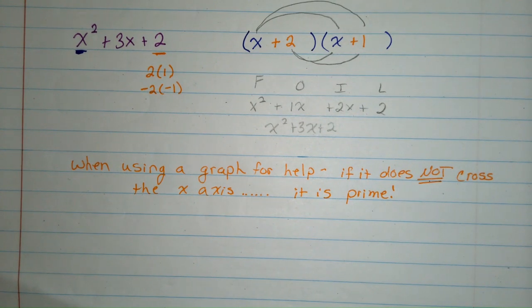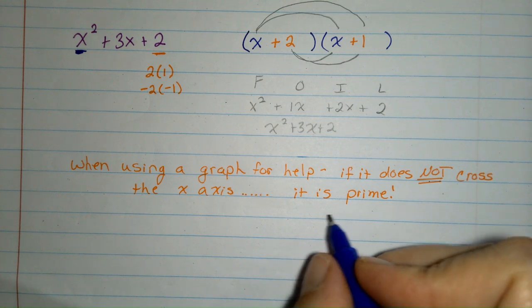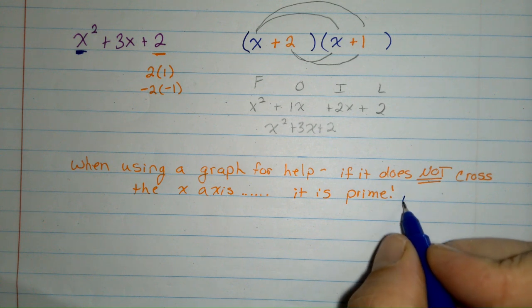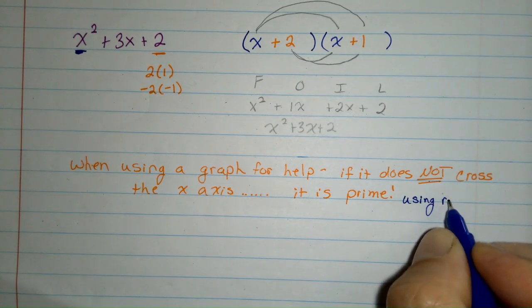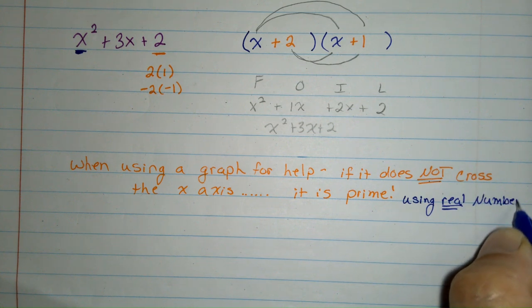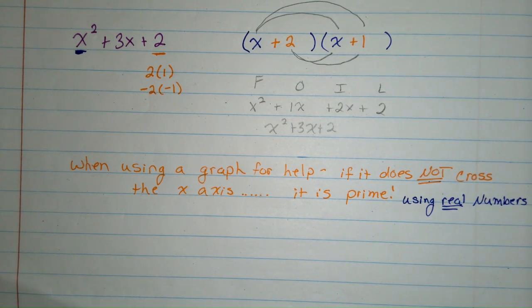Okay? And I'm going to add a caveat to that because I know the Algebra 2 EOC in Missouri has us do some stuff with some extra factoring. This is prime using real numbers. The Algebra 2 EOC does have us doing some factoring with imaginary numbers.